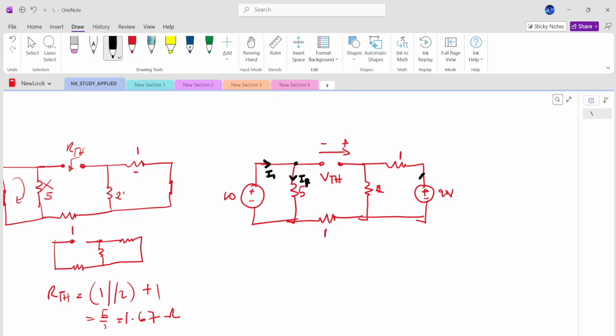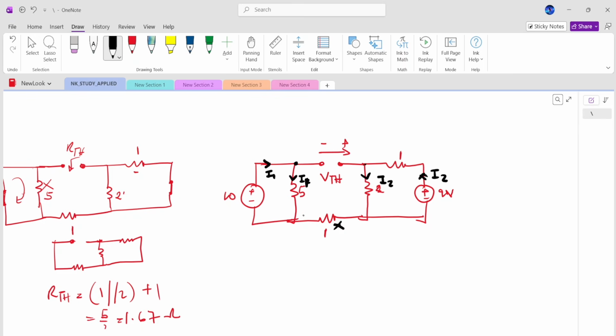The second voltage source is also producing another current. Let's call it I2. It passes through 1. When it gets to this junction, here is open, so all of that will flow through this I2. It means that at the end of the day, no current is flowing through this 1 ohm resistor, right?